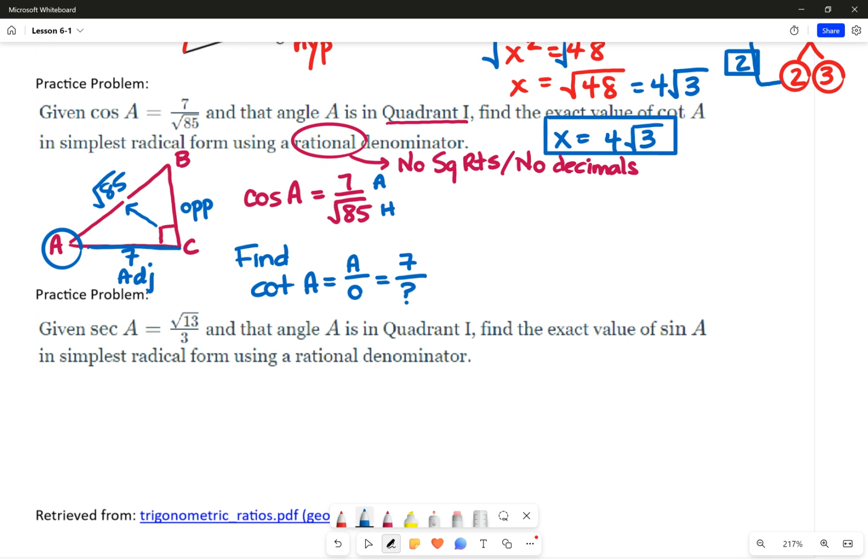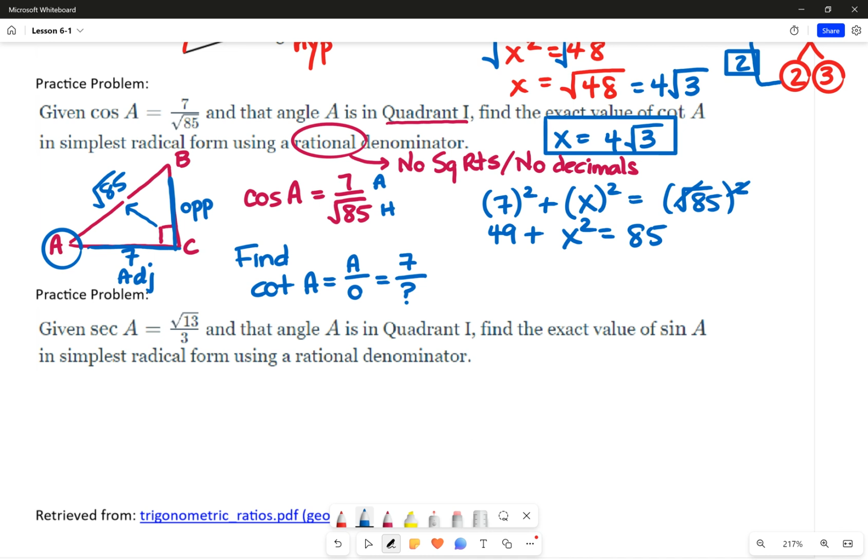So this here is a leg and this here is a leg, right? So leg squared, 7 squared, plus the other leg, I don't know what it is, so I'm going to call it x squared, equals hypotenuse squared, square root of 85 squared. 7 squared is 49 plus x squared, and a square root that is squared just forces the square root to disappear, and it becomes 85.